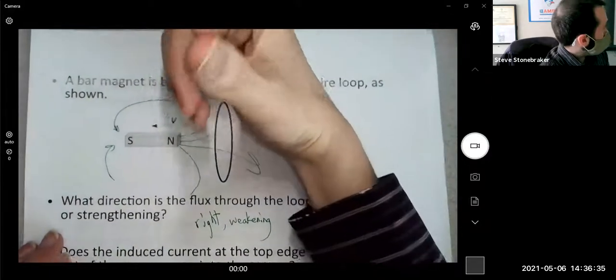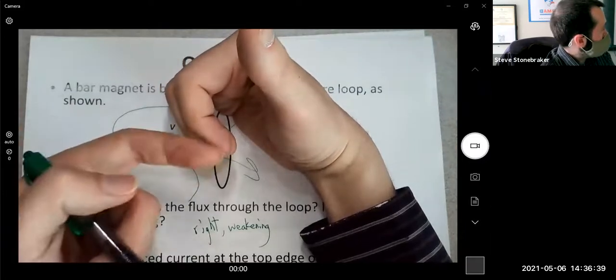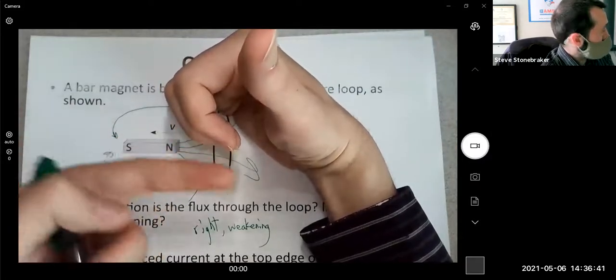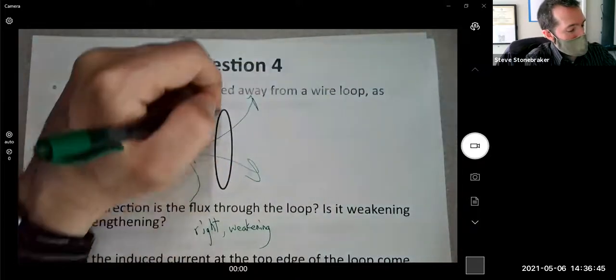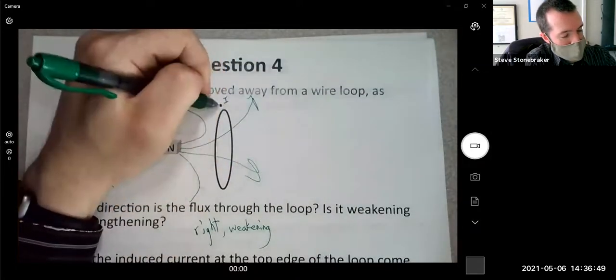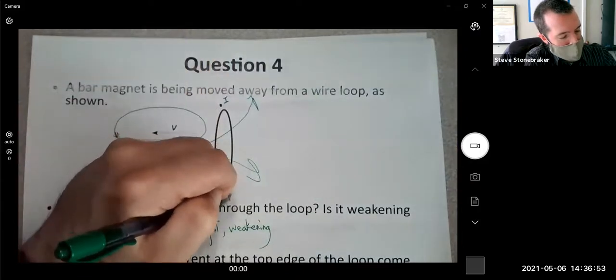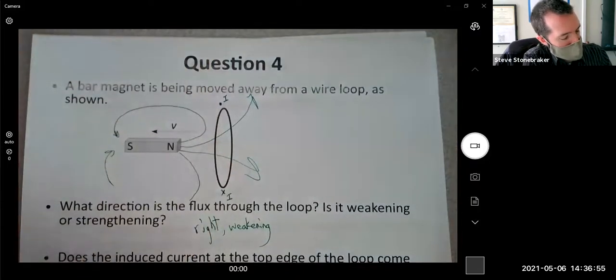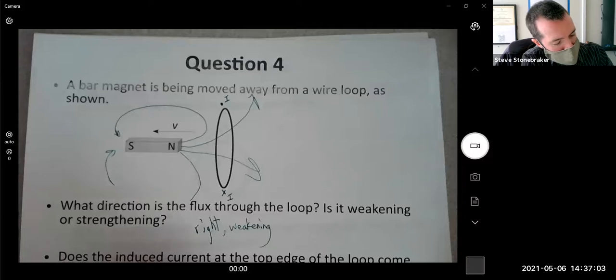And if it's coming out, then my fingertips here on the inside of the loop are pointing to the right, which is what I want. So the current at the top is coming out of the page, and the current at the bottom is going in. Out of page at top of loop.